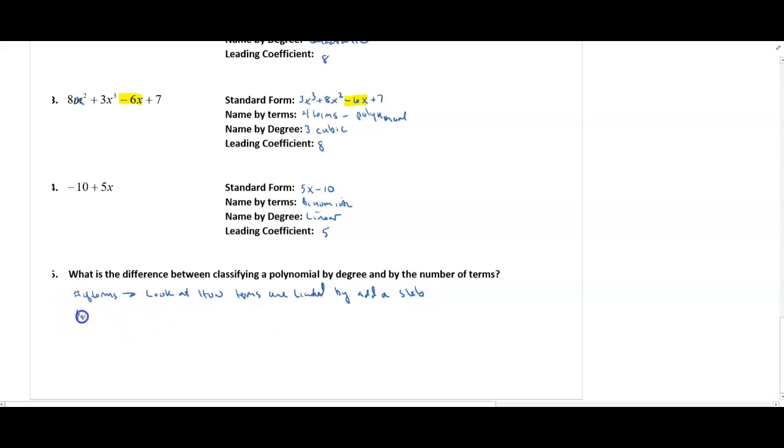If I look at the exponent, that would be the degree. Okay, so go ahead, try the homework, and let me know if you have any questions.